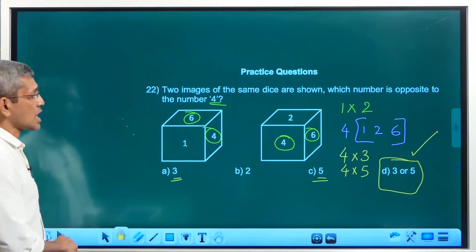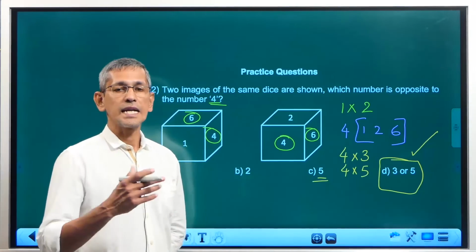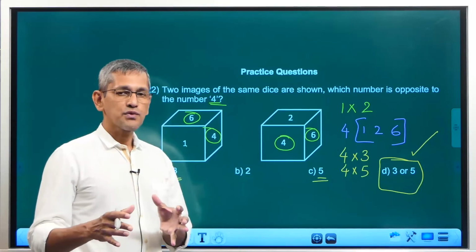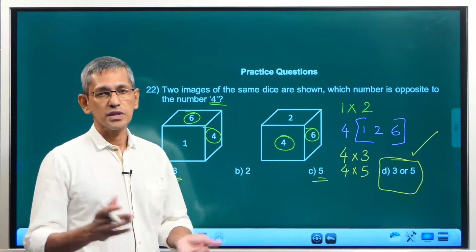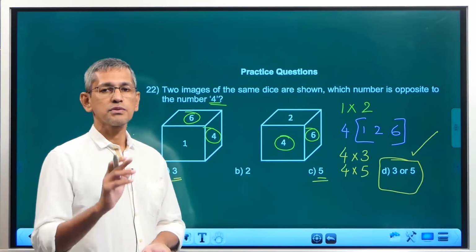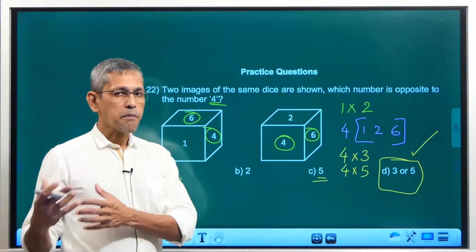So these are the types of questions you may have from the area of dice. Either 2 images would be given, or 3 images, or 4 images of the same dice. Then you have to look at different possibilities, or apply different rules.